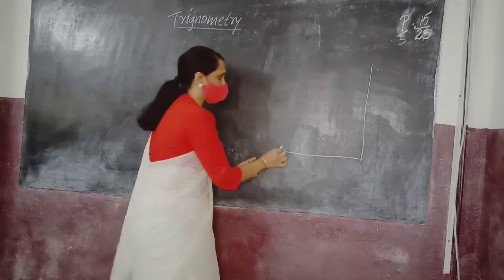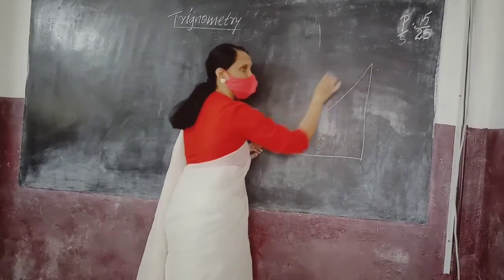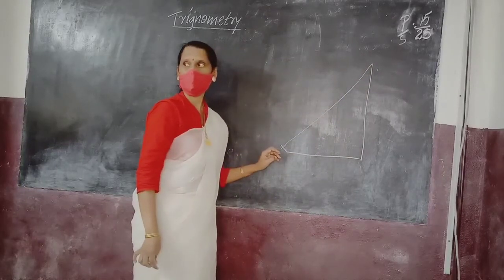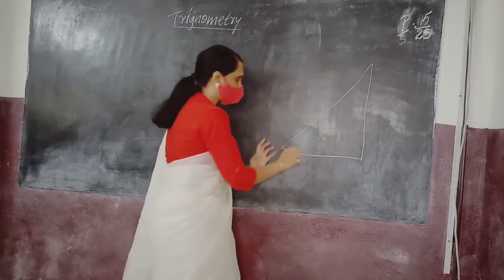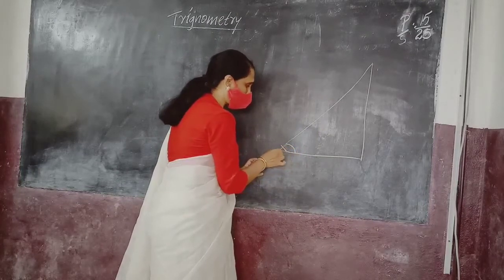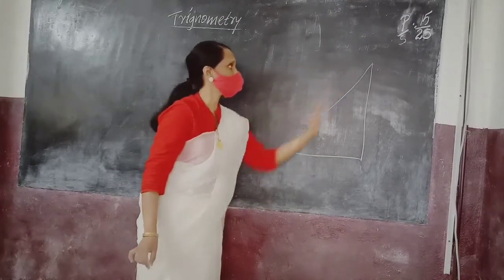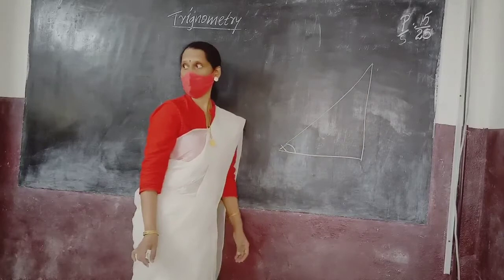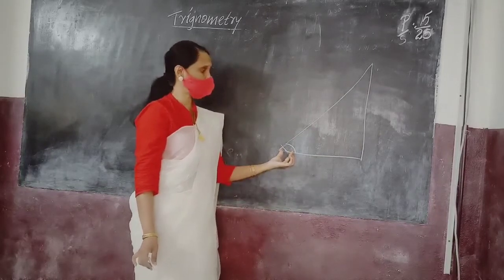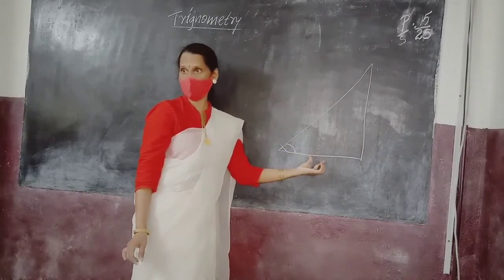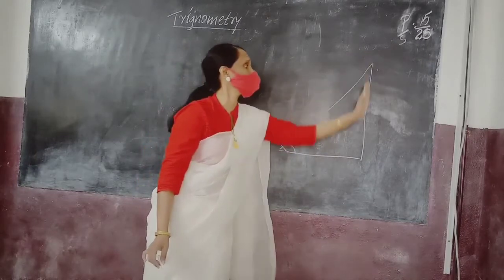He is looking at the top of the tower. Understand? So here there will be an angle formed. In this imaginary triangle, if we know the angle and the sides, we can find out this height.